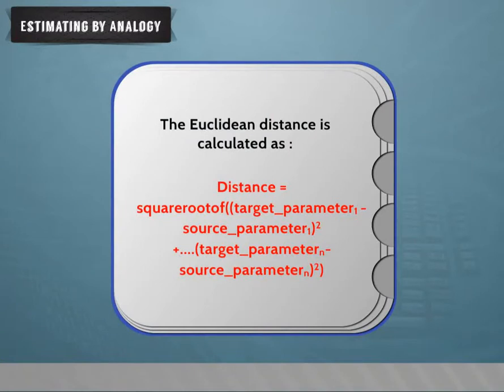The Euclidean distance is calculated as: distance is equal to the square root of (target parameter 1 minus source parameter 1) the whole squared, plus, and so on up to, (target parameter n minus source parameter n) the whole squared.